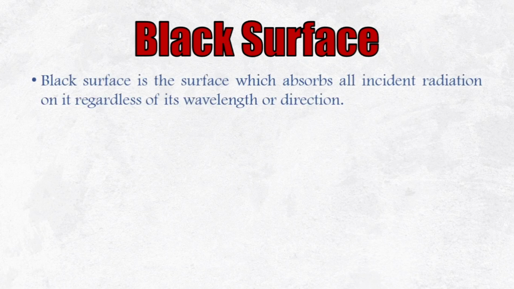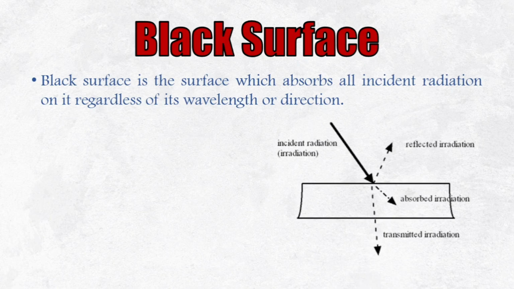Okay, next definition is black surface. A black surface is the surface which absorbs all incident radiations on it regardless of its wavelength or direction. Okay, so we have discussed that whenever radiations fall on any surface, three things are possible. Radiations can be transmitted through the surface, reflected from the surface, or absorbed by the surface.